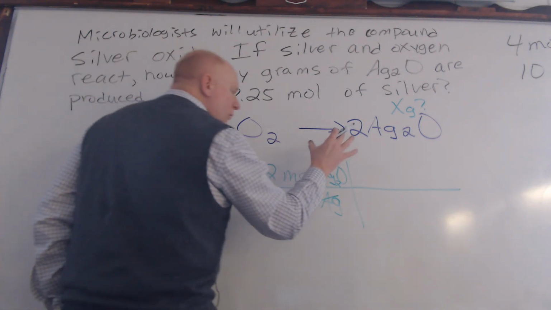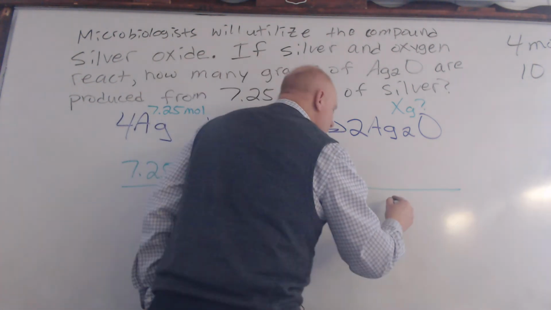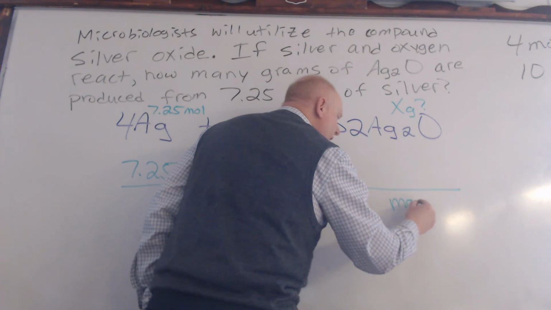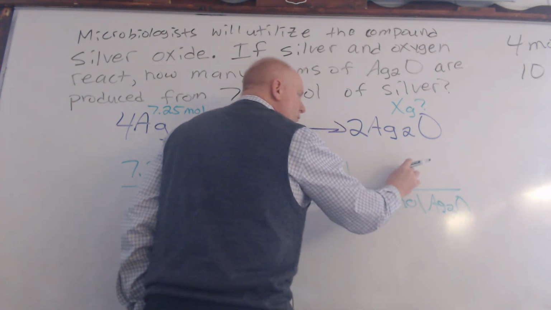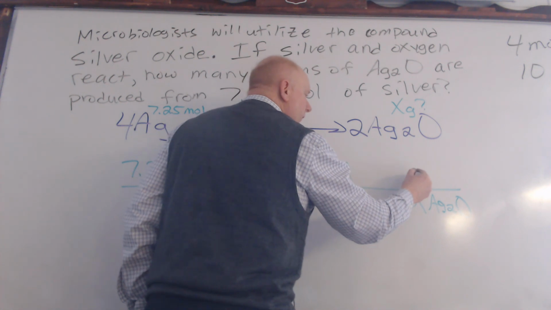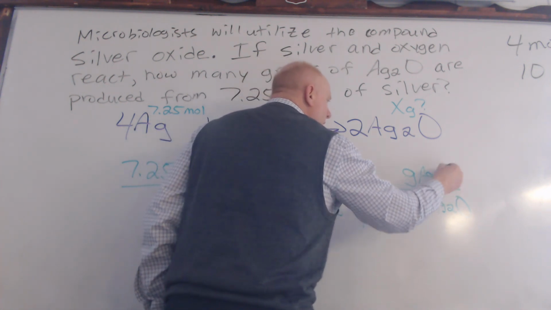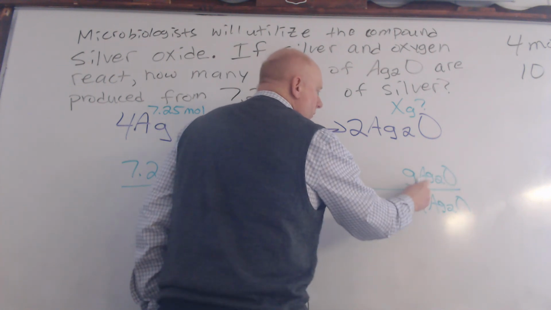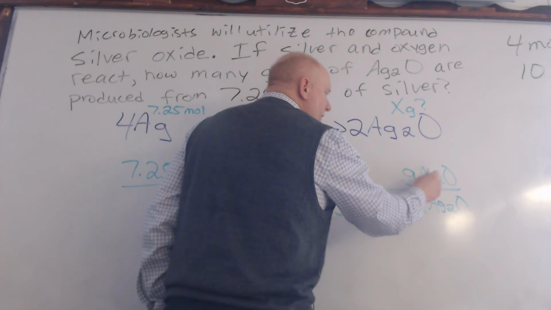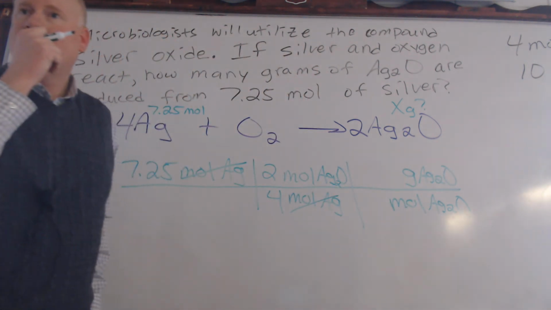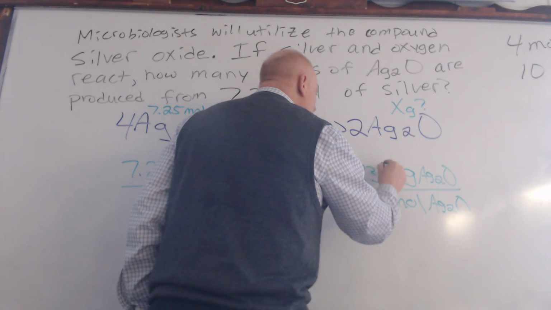Now you are in moles of silver oxide. 3.625. So we want to cancel this out. So then what would go up on top? So what is it? 107 and 16 gives you 231.74. Okay, so I'm just going to say 231.